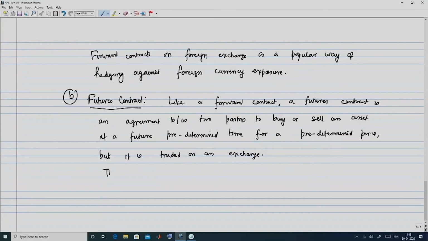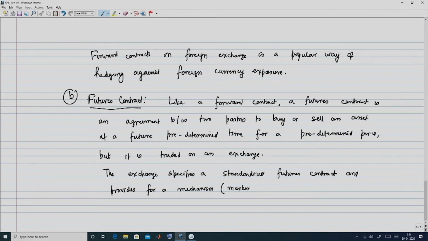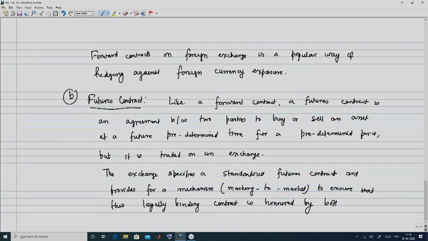So, accordingly now I can make the statement that the exchange specifies a standardized futures contract and provides for a mechanism, and this mechanism is known as marking to market, to ensure that this legally binding contract, like forwards, is honored by both the parties in the contract.